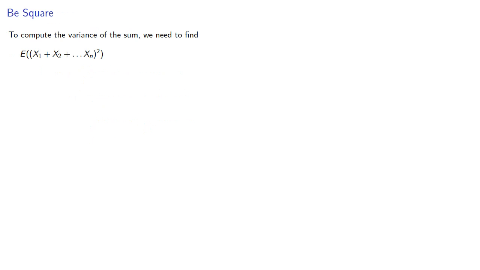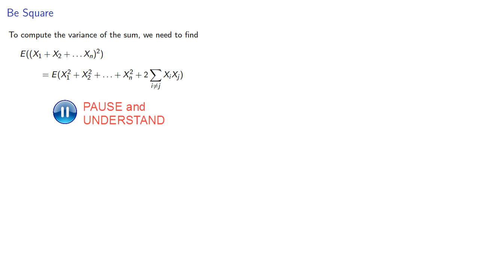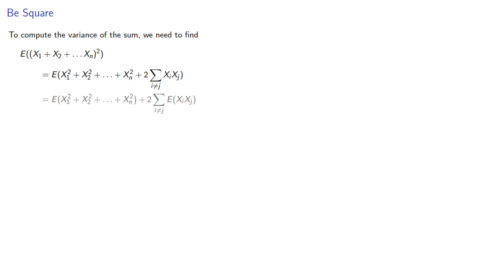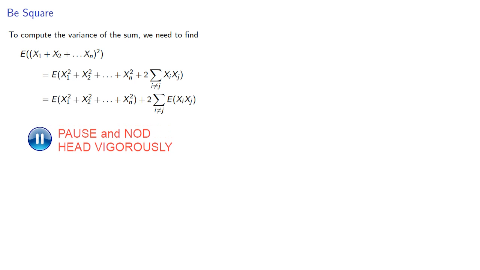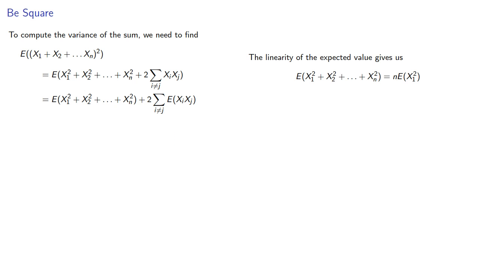And so to compute the variance of the sum, we need to find the expected value of the square of the sum. So expanding that out gives us, and the linearity of expected value allows us to split this. The expected value of the sum of the squares, again by the linearity of the expected value, that's just going to be n times the expected value of any one of them.